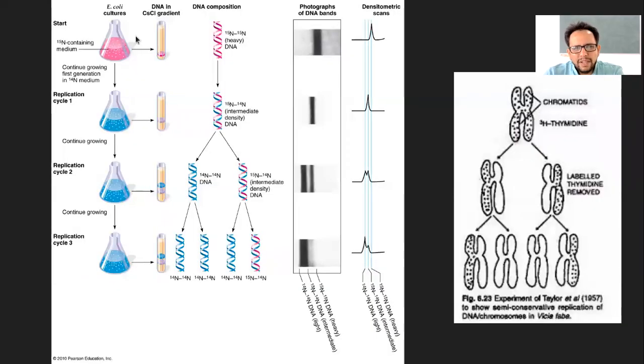So here is the start. N15 containing medium, which is shown here as pink. Then DNA is extracted from these cells after 20 minutes, or after, let's say, a replication cycle, or even at the start, where you can take it as a control and take out some sample. So you centrifuge it, and you will see all of the DNA is N15 heavy DNA, because both these strands will have N15.